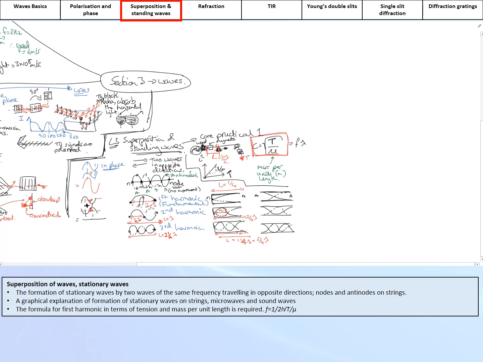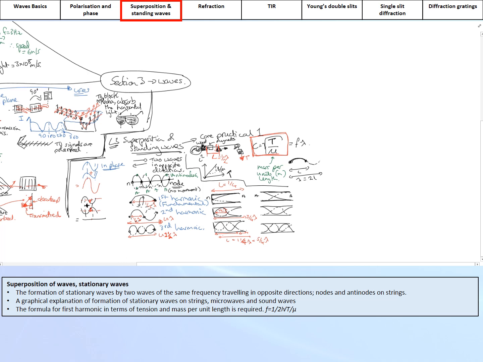So if we go back, we've got the first harmonic here. That's the length, but that's only half the wavelength. So if we want to get a full wavelength there, that's the first harmonic there. That's the length. So the wavelength is equal to 2L.